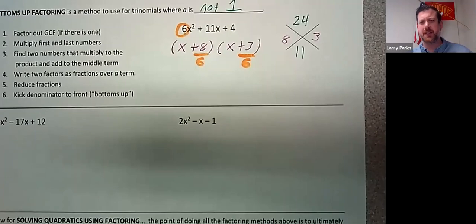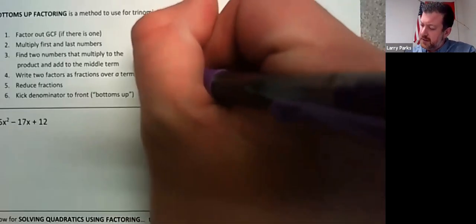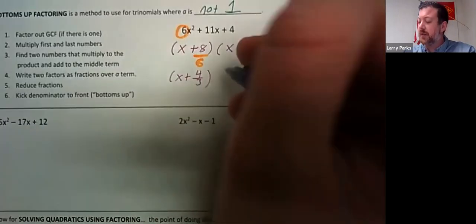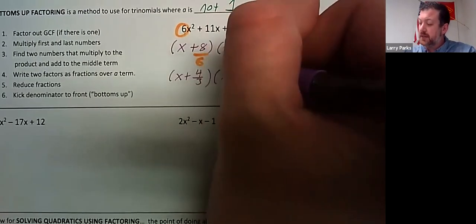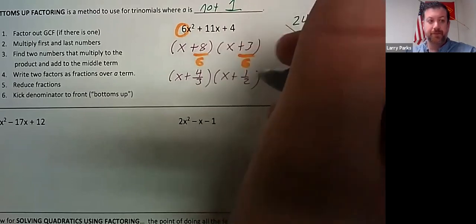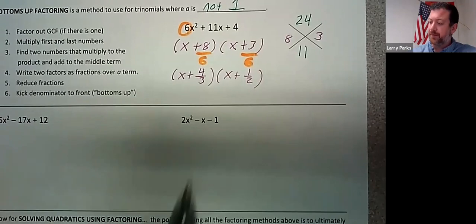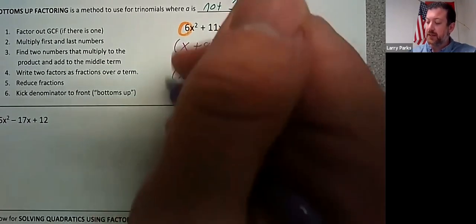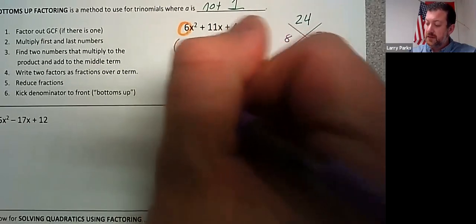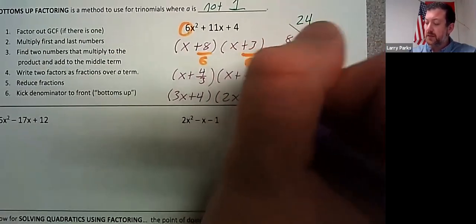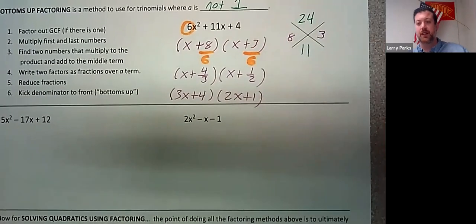Okay, 8 divided by 6 is 4/3. 3 divided by 6 is 1/2. And then you kick the denominator to the front. So you're going to kick the 3 to the front. Kick the 2 to the front. And so that is one thing we covered together.